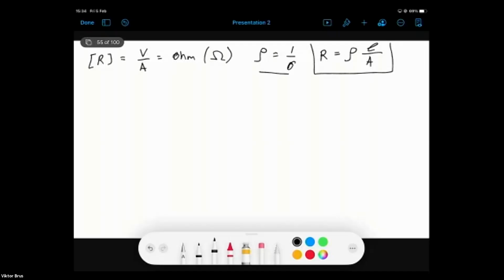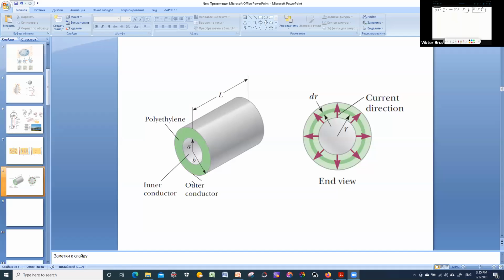So now, by using this equation, let us calculate the resistance of the insulator of a coaxial cable. Let me share the screen so you see the model for this case. We have an empty cylinder with 2 conductors inside and outside, and some plastic insulator between them.